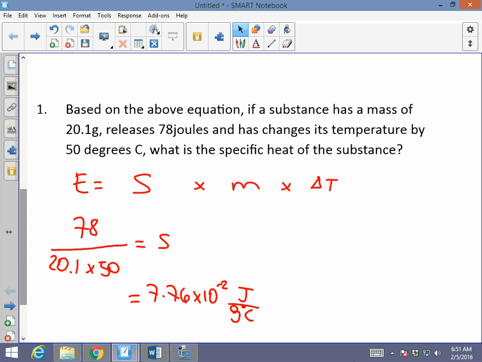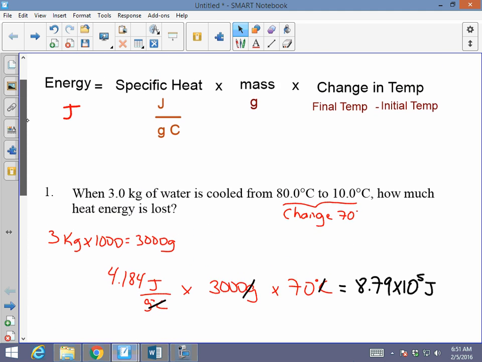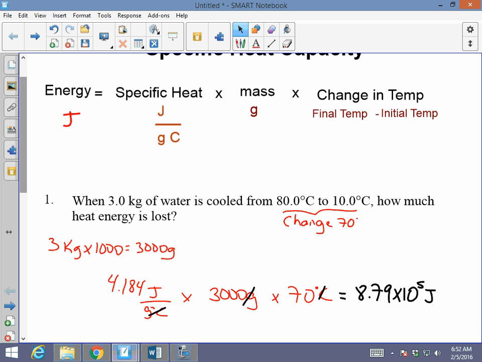Regardless of the question, your job is to make sure that you know what you have and you know what you need to look for. Back to the top equation. If I need to look for the change in temperature, I will leave that alone. Energy is always on top. Bring this down, bring this down.